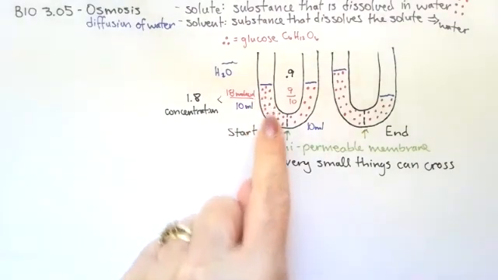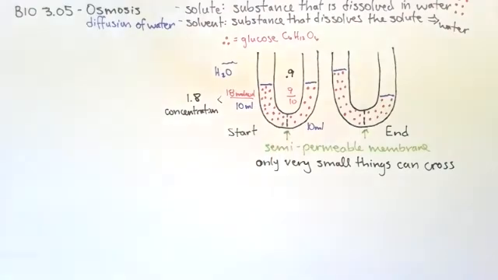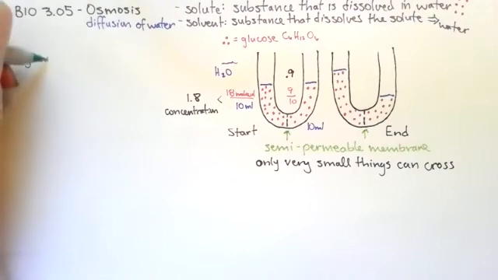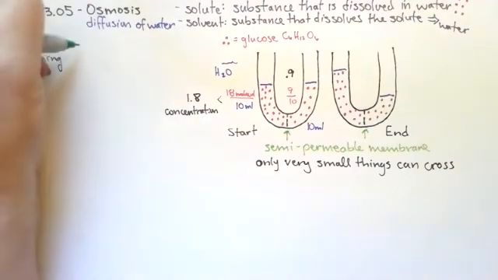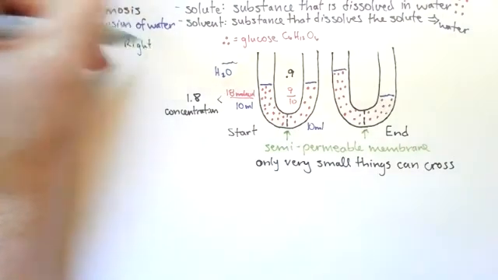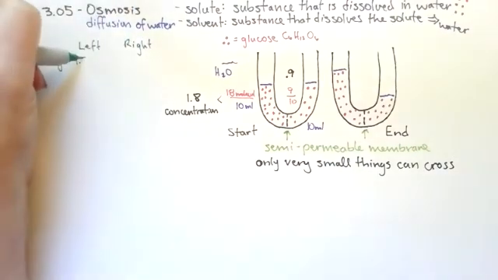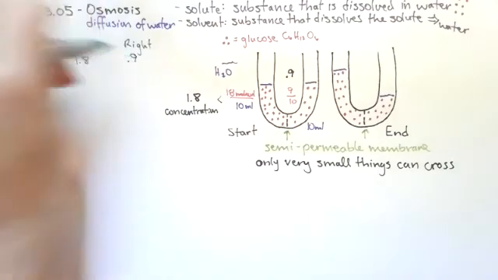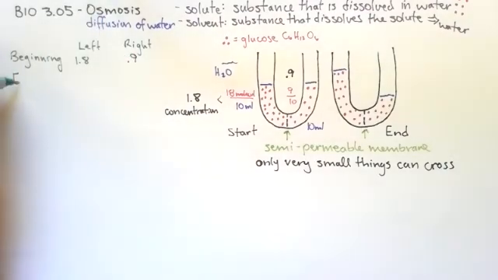Look at how close these dots are. Do you see that we have a pretty strong concentration? So let's do this at the beginning. We have our left side and my right side. I've got a 1.8 concentration on the left and a 0.9 concentration on the right.